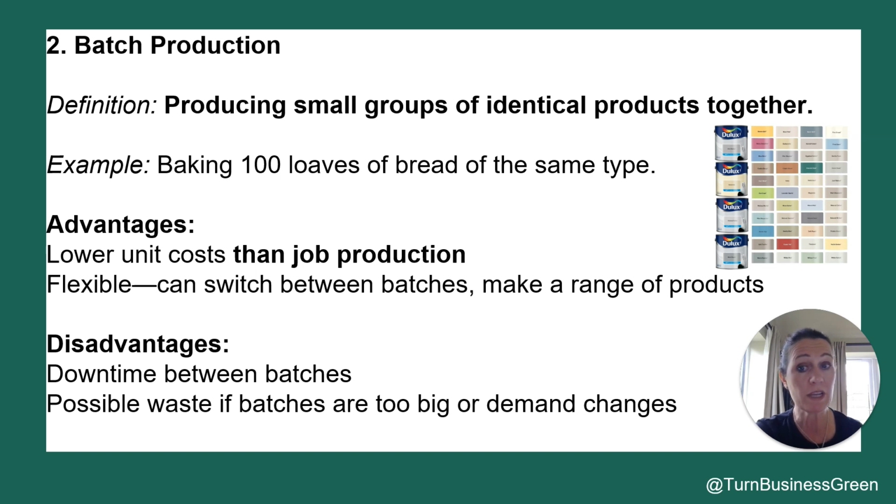Advantages: it's lower unit cost than job production. Remember, if you're comparing job, batch and flow, or you're asked for the characteristics of job, batch and flow, you say "compared to". So it's lower unit cost compared to job production. And it's flexible. You can switch up the product you're going to make.